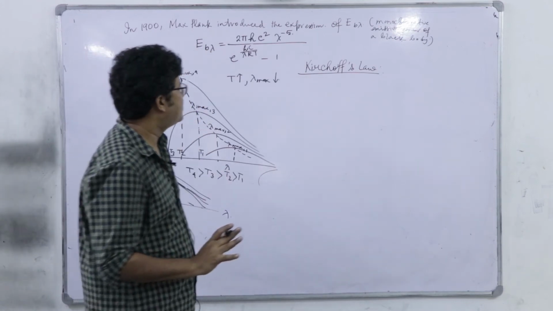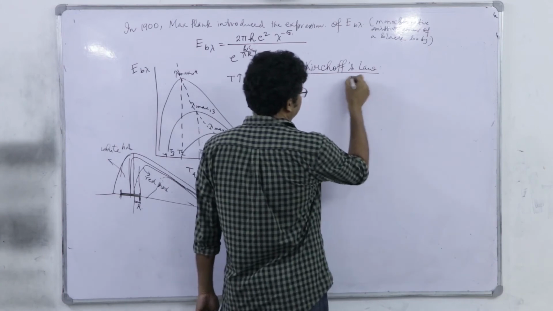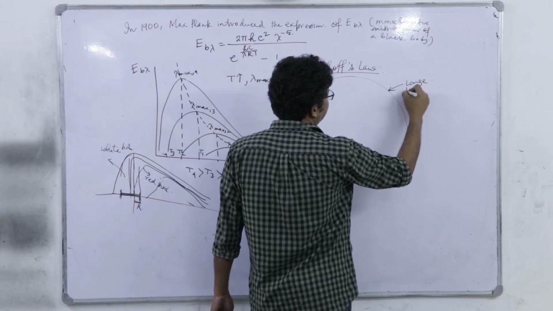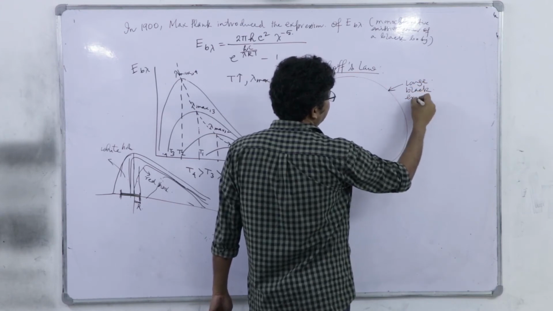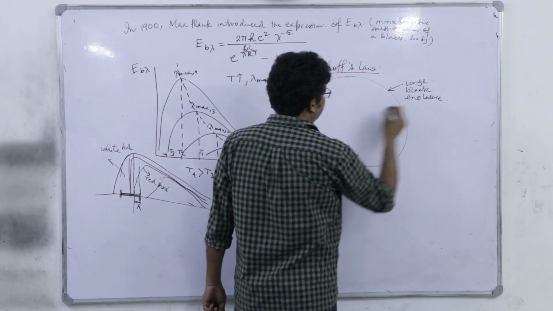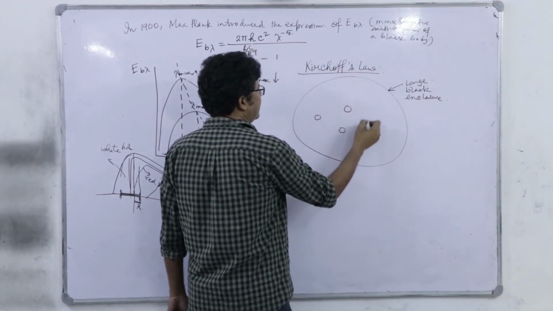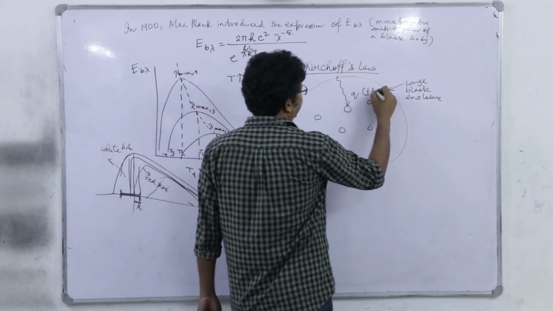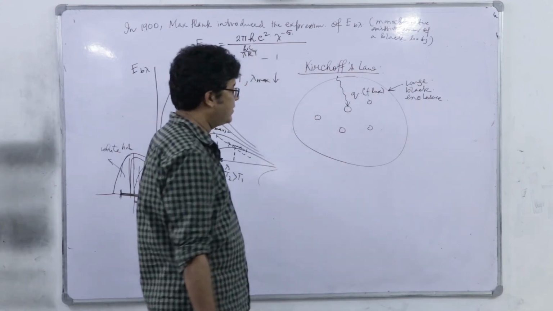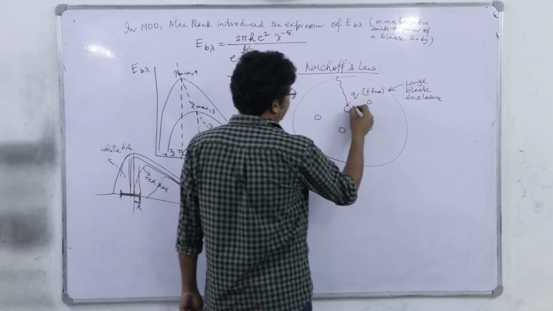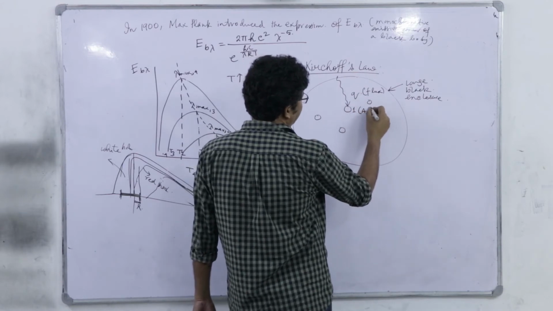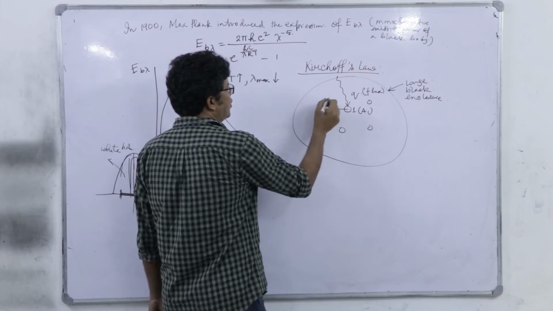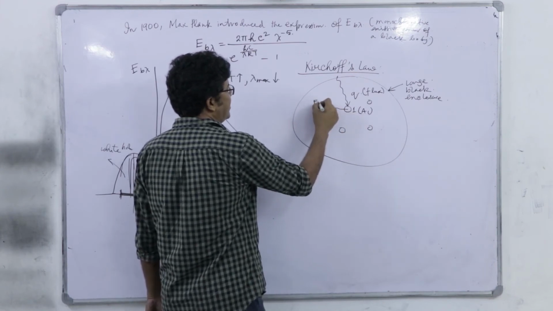You try to understand. We have, say, a large black enclosure, such that any object placed here will receive a radiative flux Q. Let us consider a body 1 which has surface area A1, and it will also emit, with monochromatic emissive power E1, so it will emit E1 A1.